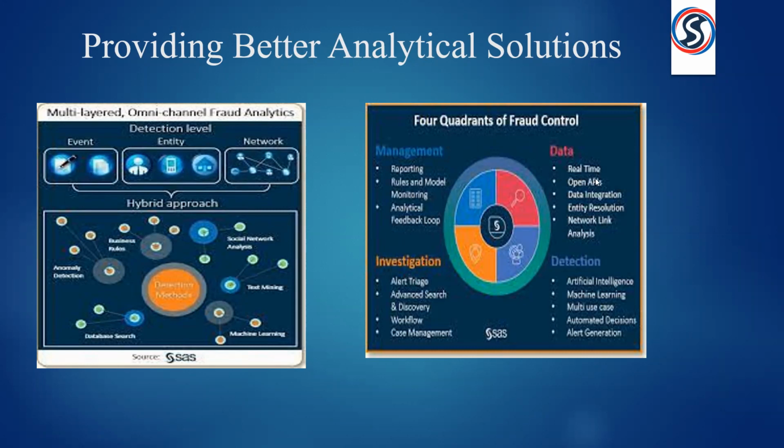In data, we have real-time data, open APIs, data integration, entity resolution, network link, and analysis. In investigation, we have alert trace, advanced search and discovery, workflow, and case management. And detection can be done in SAS with the help of artificial intelligence, machine learning, multiple use cases, automated decisions, and alert generation.